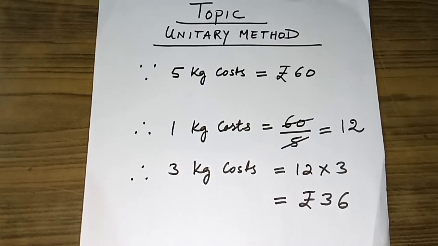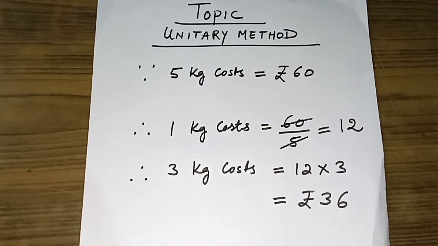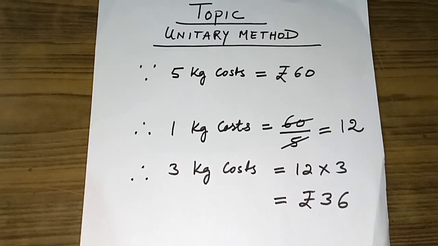We solved this problem as follows. Since 5 kg vegetable is equal to rupees 60, therefore 1 kg vegetable is 60 upon 5, that is equal to 12 rupees. Therefore 3 kg vegetable is equal to 12 into 3, that is rupees 36.